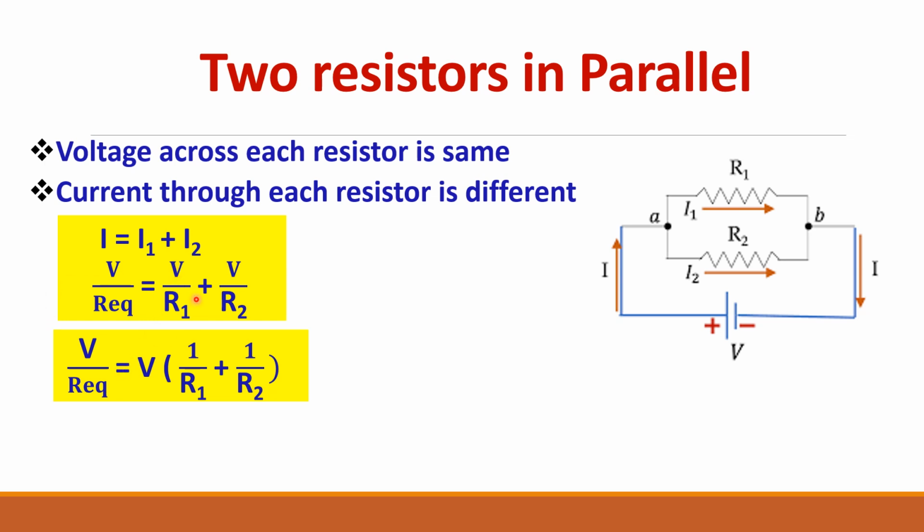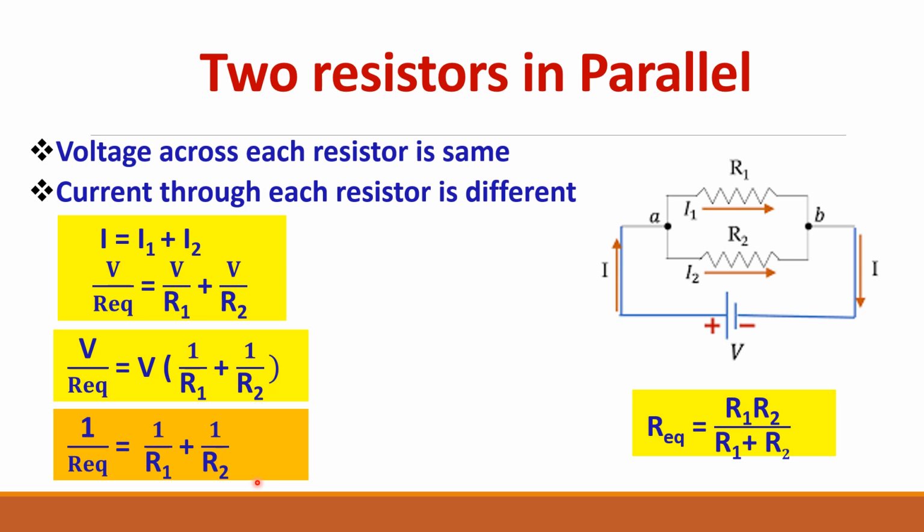Here V is common, so take it out. So what is R equivalent? 1 by R equivalent is equal to 1 by R1 plus 1 by R2. You can simplify this if you want. So that becomes R equivalent is equal to R1 R2 divided by R1 plus R2.